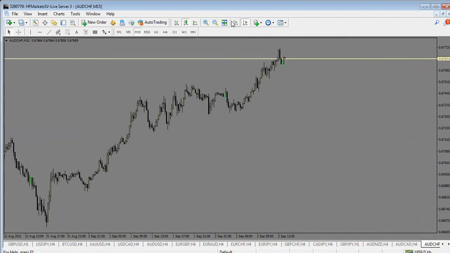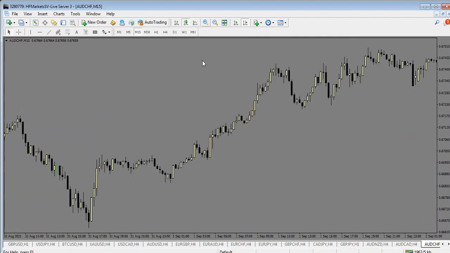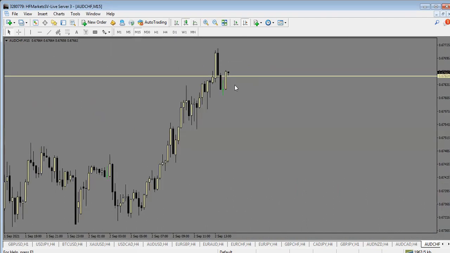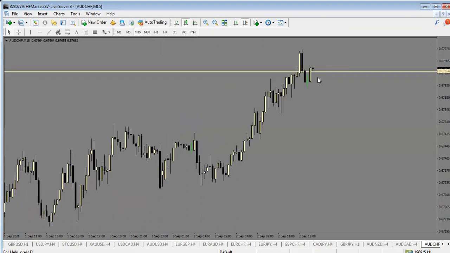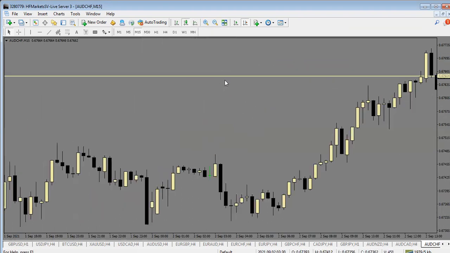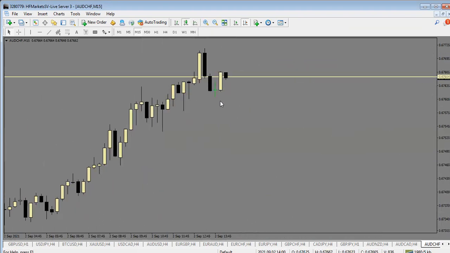If you look at M15, we also don't have anything special yet, but something might happen during the New York session.